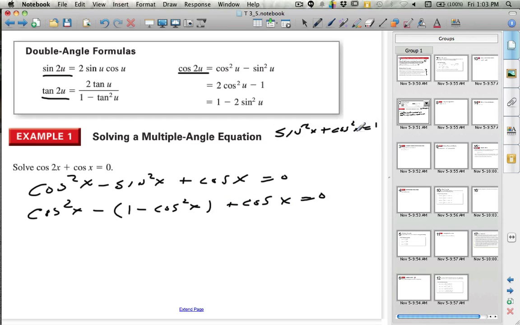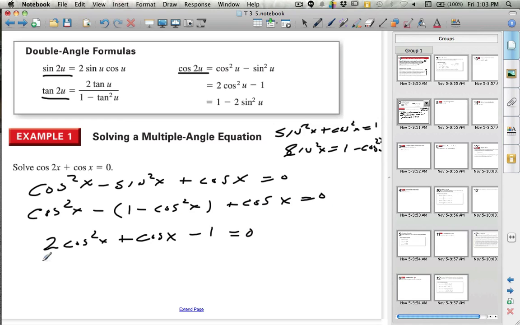Okay, so now I've substituted sine squared x, which would be equal to 1 minus cosine squared x. And I substituted that in here, so I'll have cosine squared minus negative cosine squared, which would be 2 cosine squared, plus cosine x minus 1, and that's going to equal 0.